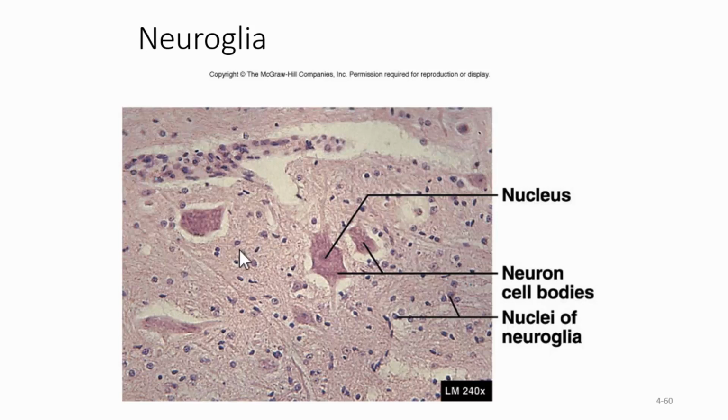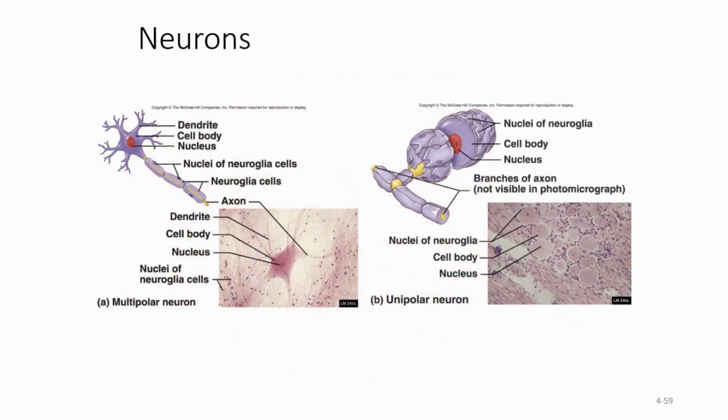So you can see where the early anatomists would think that these are kind of gluing and holding these in place. And some of them are, okay? But some of these have other functions as well. And again, we'll get into the detail of that when we get to the nervous system. Right now, you're just looking at tissue. So if you saw a picture of this, what is this? It's nervous tissue.